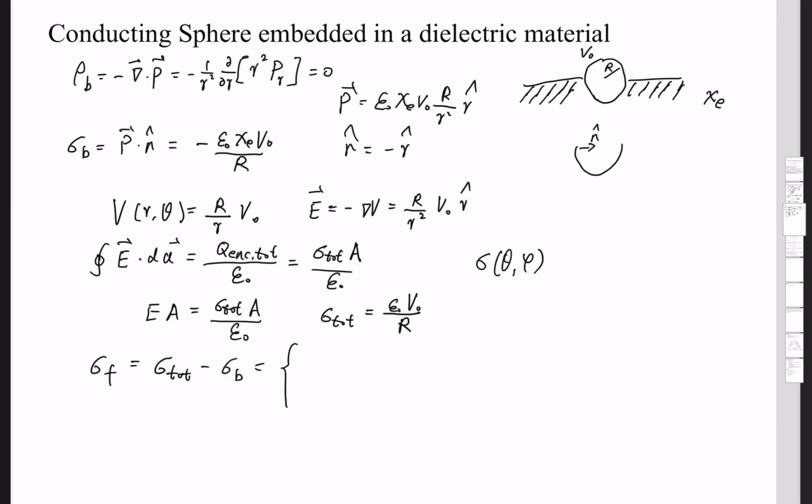Above this surface, the free charge is the same as the total, and below, it has to be 1 plus chi e times that.